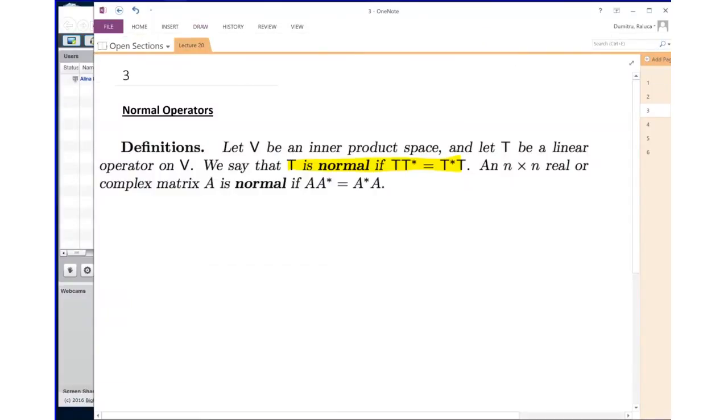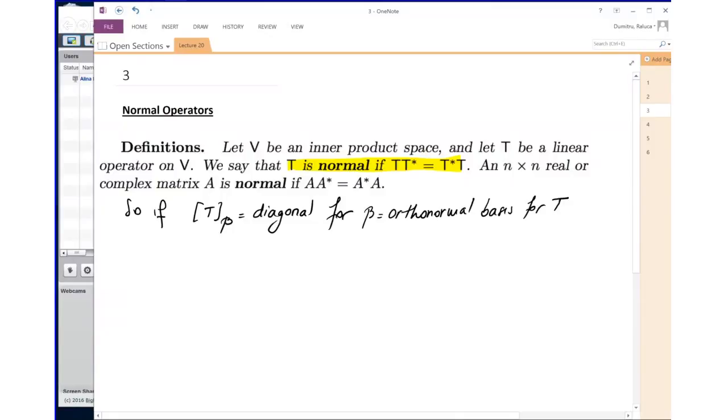An operator on an inner product space is called normal, provided that T T star equals T star T. And similarly for a matrix, A A star should equal A star A. So according to the remark that we made before, if the matrix of T in some orthonormal basis beta is diagonal, then T must be normal.